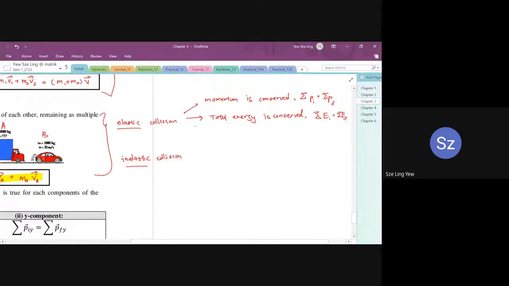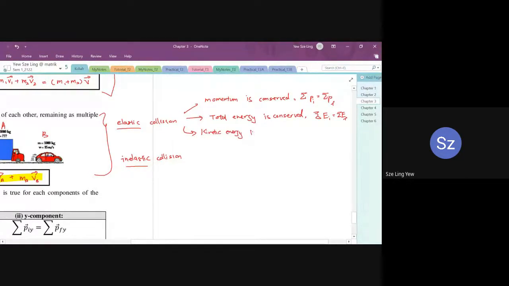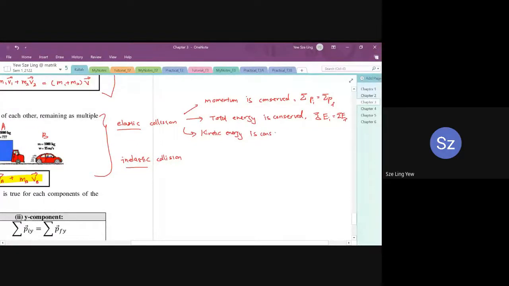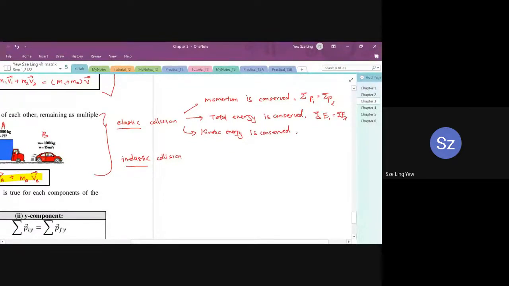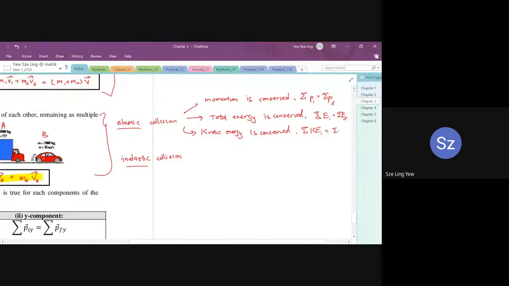The last thing is the crucial part, which tells us whether it is elastic or inelastic: kinetic energy. Kinetic energy in an elastic collision is conserved, so total KE initial equals total KE final.